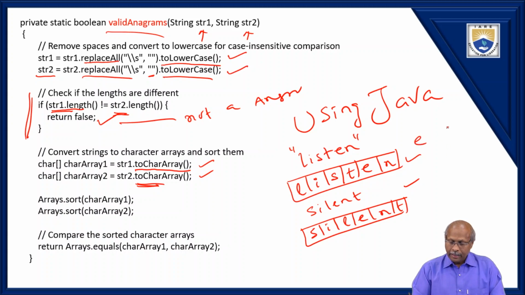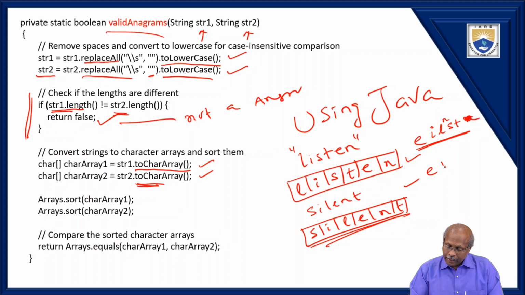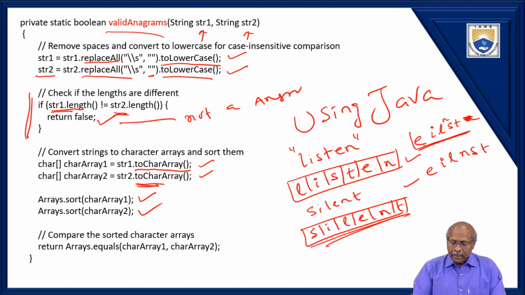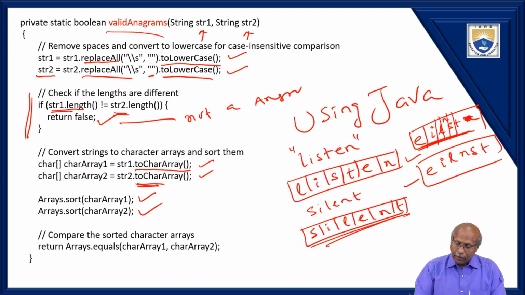So here I will get E, then I, L, N, S, T. After sorting, I am getting E, I, L, N, S, T. Similarly, here also if I sort, I get E, I, L, N, S, T. Now both have the same set of letters after sorting.